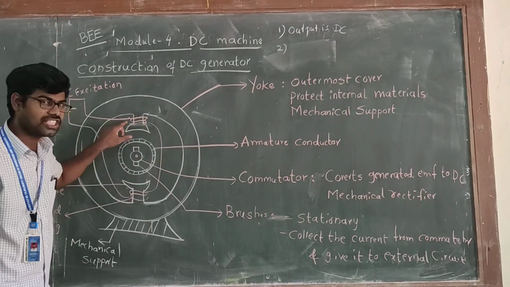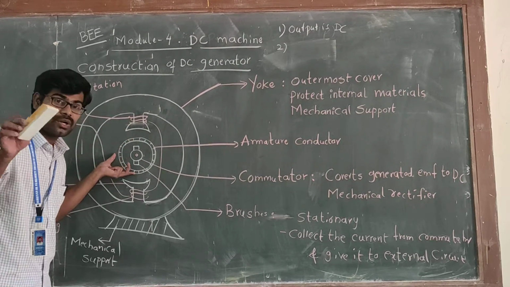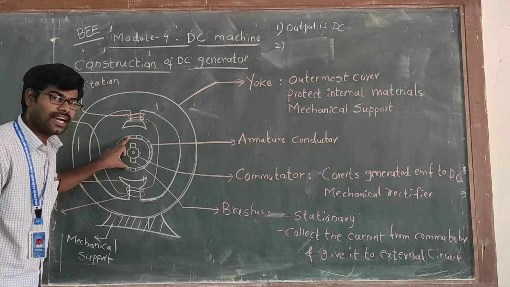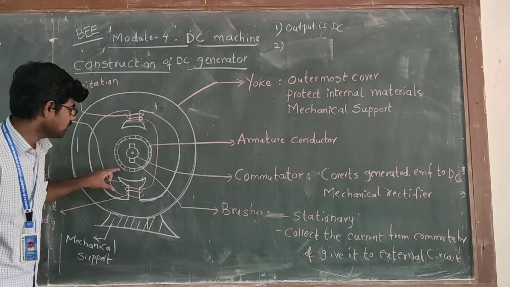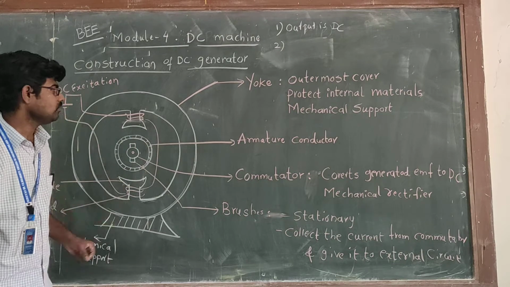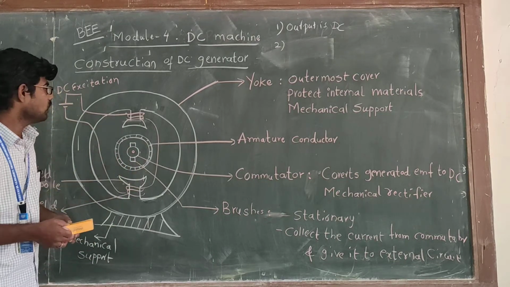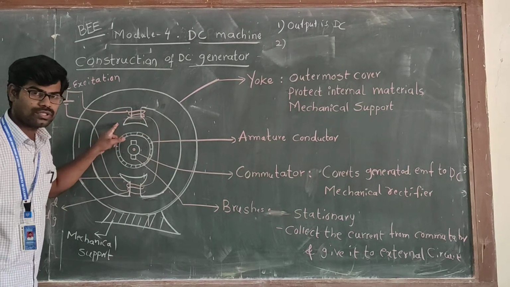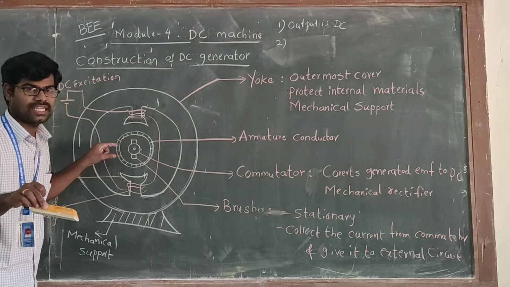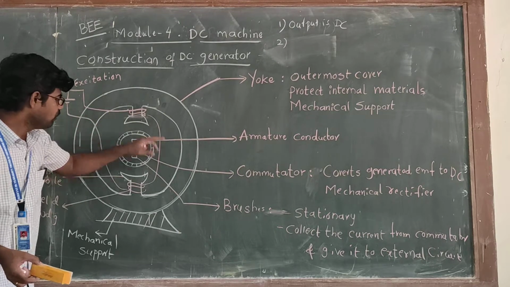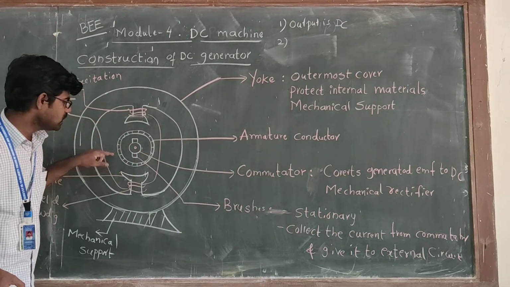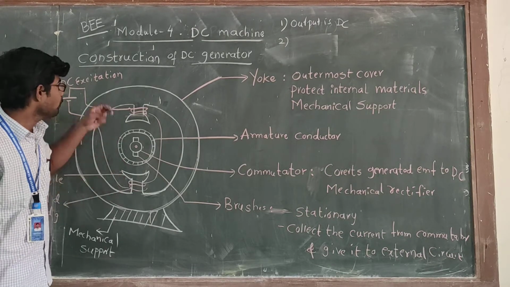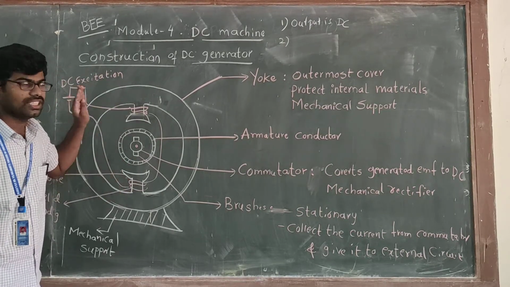The field winding is stationary, and the armature is rotating in nature. That is the difference. So the main construction is: we have the frame, the field winding is outside, and the armature is inside. That is the construction of the DC generator.